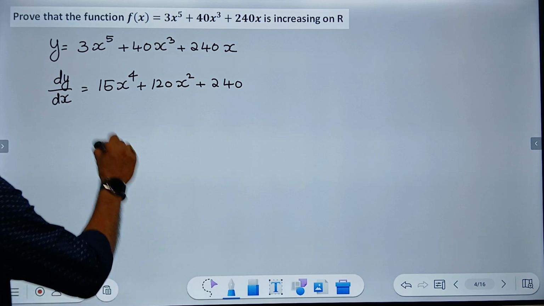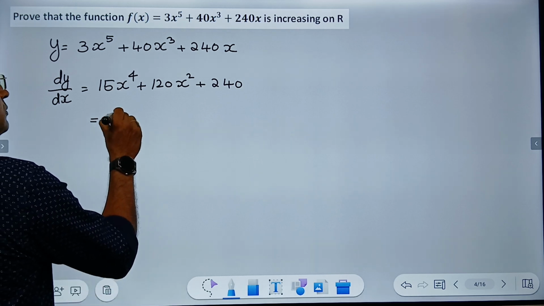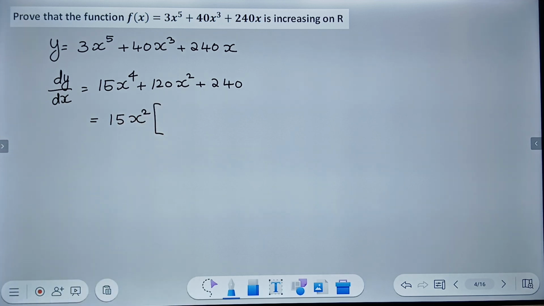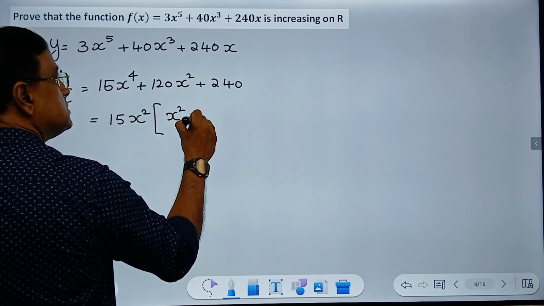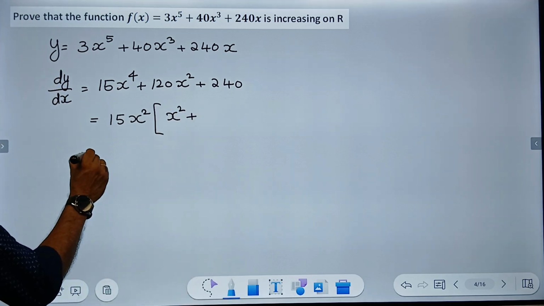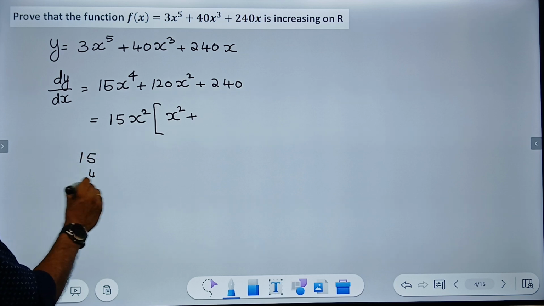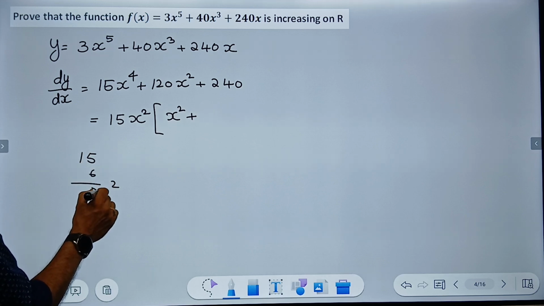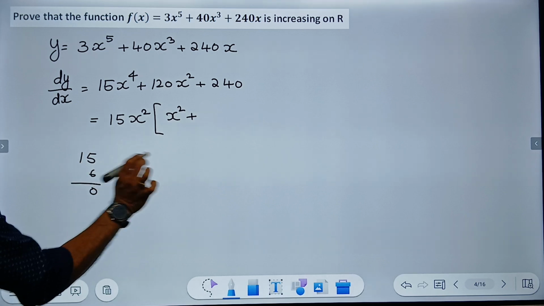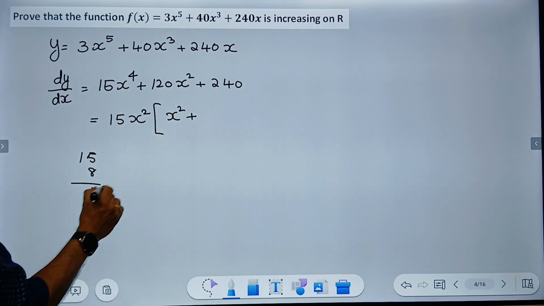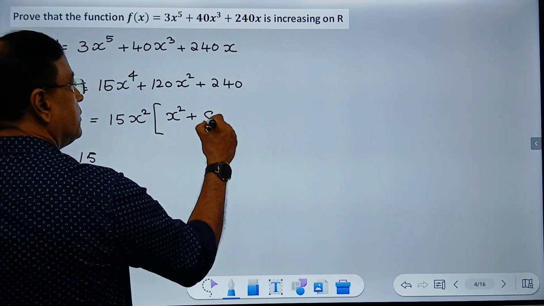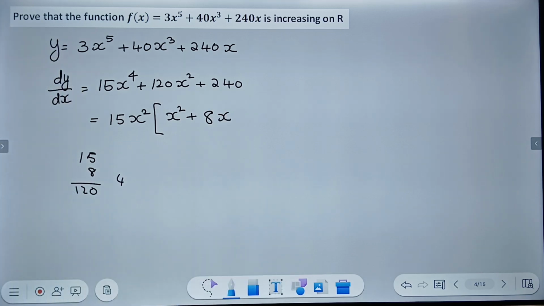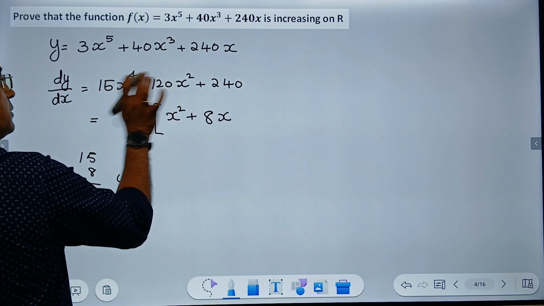Now I will try to take 15 outside. How many times will 15 go? 15 fours are 60, so x power 4 remains; 15 eights are 120, so it goes 8 times, giving 8x square.